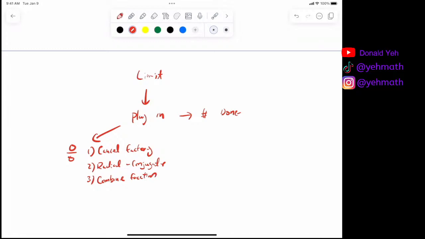Now the fourth one is absolute value. Absolute value, we're going to talk about later. And also here, we've got a number over 0, which means you have to do one-sided limits.